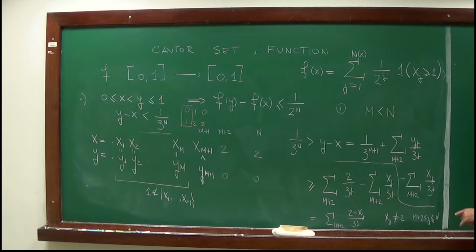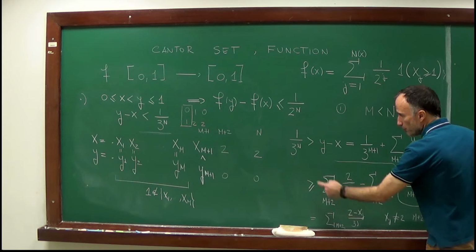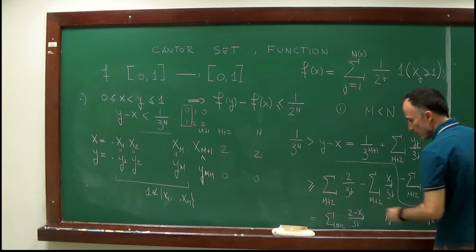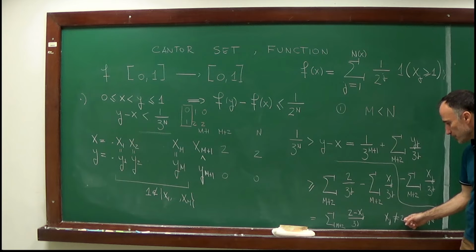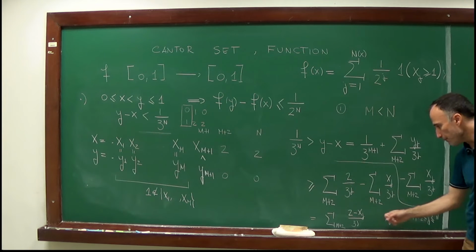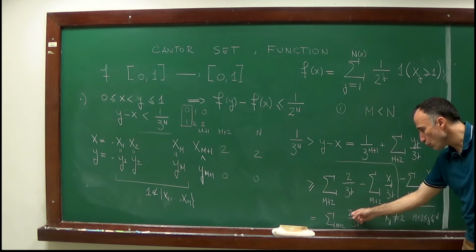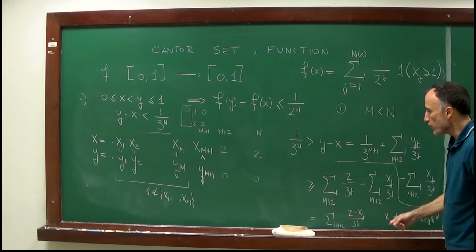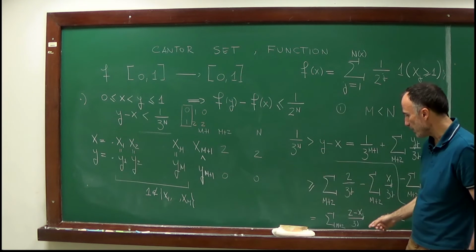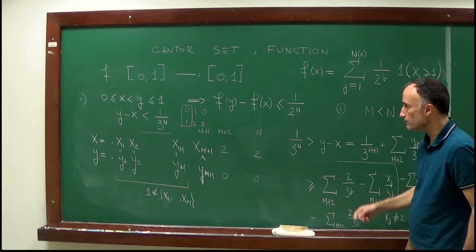So again, I'm claiming that it follows from this strict inequality that x_j has to be equal to 2 for j between n plus 2 and n, because if one of these x_j's is either 0 or 1, I have here 2 or 1 divided by 3^j, which is larger or equal than 1 over 3^n, and that would give me a contradiction.